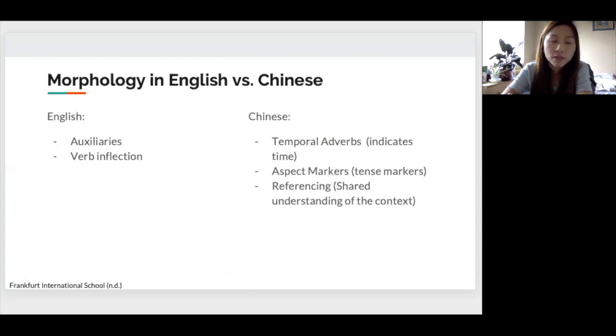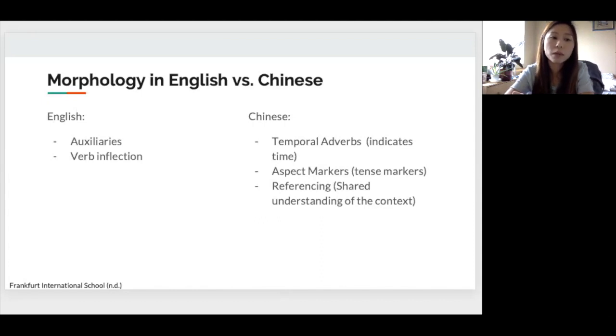In terms of morphology, English tends to use auxiliaries like is, am, are, did or do, has or have, with verb inflection to indicate time and mark tenses. In Chinese, there's no auxiliaries or verb inflection. Precise temporal adverbs like just now, a while ago, yesterday, tomorrow are used to indicate time.